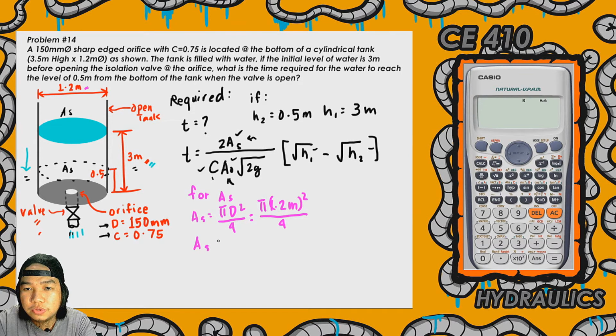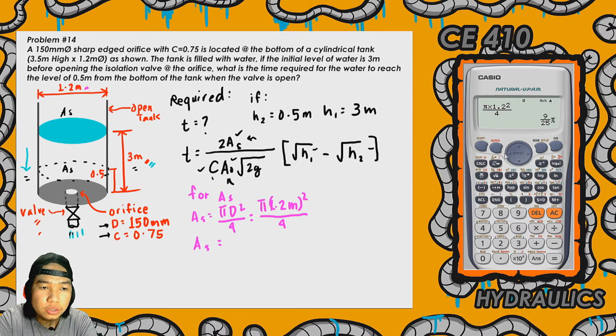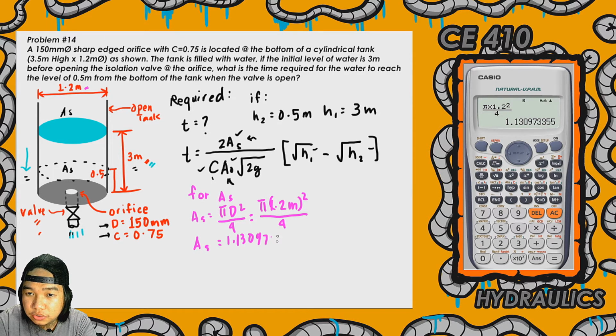So, input natin sa calculator. So, that is pi multiplied to 1.2 square over 4. So, that is 1.13097 square meter. So, ang gagawin natin ay store natin to sa calculator. So, shift store. So, sa A natin ito ilagay. Okay na tayo doon.